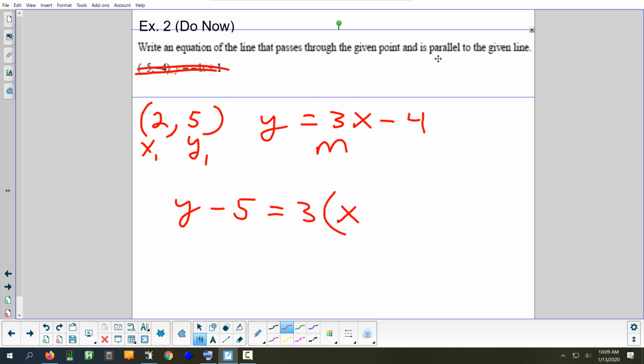So we got x, and what comes after the x? Minus. And what comes after the minus? Joe? x1, which I agree, is 2. And the last thing, just to finish off the problem, put my parenthesis. Okay, so that's your equation.